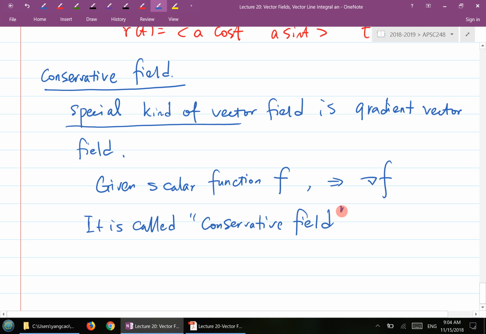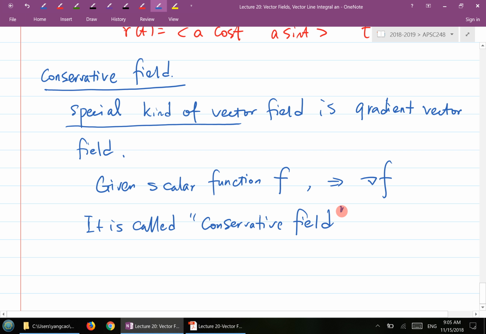Why is it conservative? Or what do we mean by conservative? Where did all the first year of high school physics go? Conservative: if I move an object from here to there, but going along a different path, does it matter to the total amount of work done?